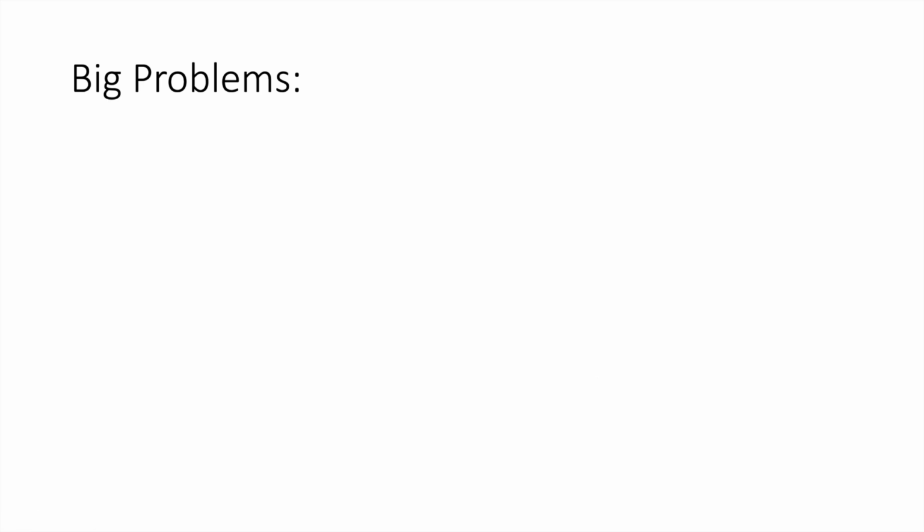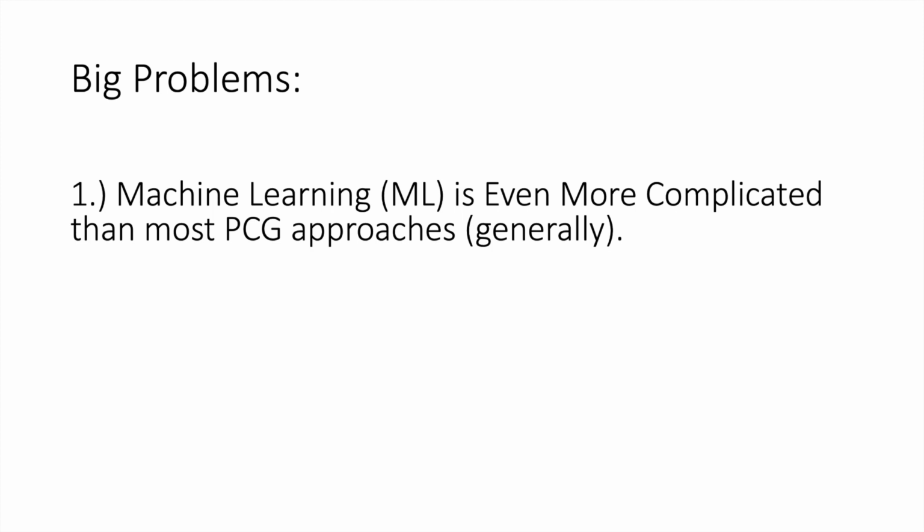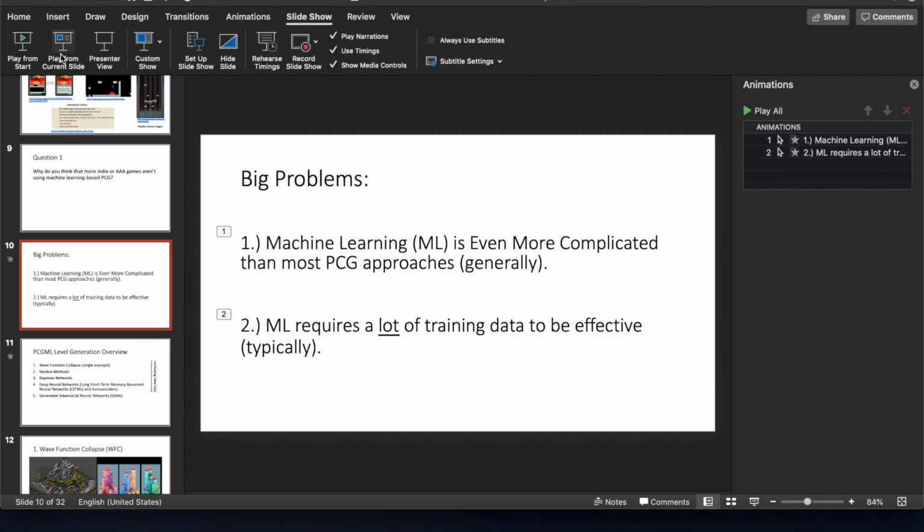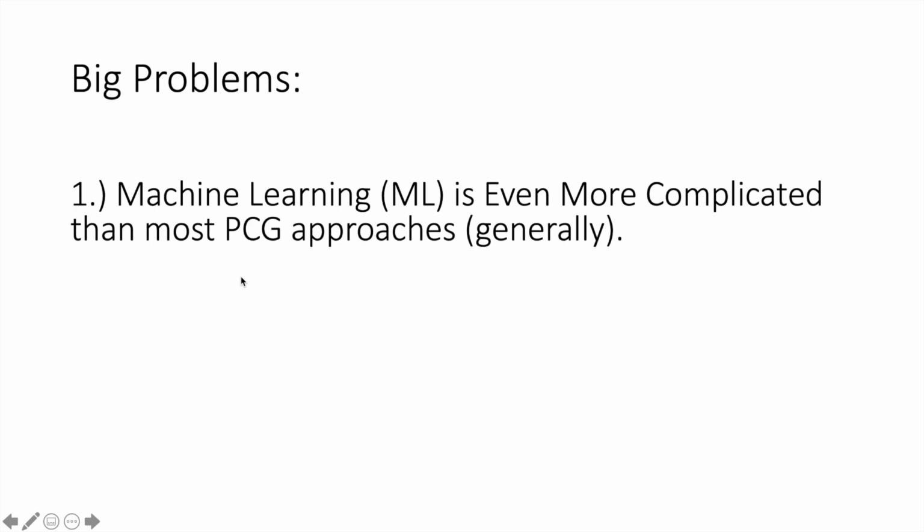So the big problems that I've at least thought about for why more indie games and why not a single AAA game is using PCGML, or PCG via machine learning, there's two big ones. One, machine learning is even more complicated than most PCG approaches generally. We were already talking about how if you're a designer and you're working with PCG, you may not have a lot of computer science knowledge, right?